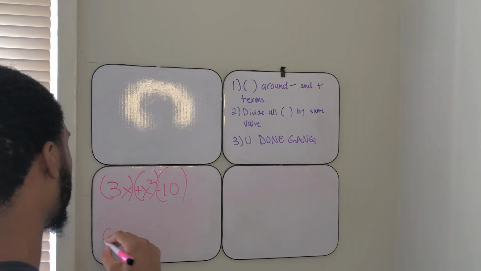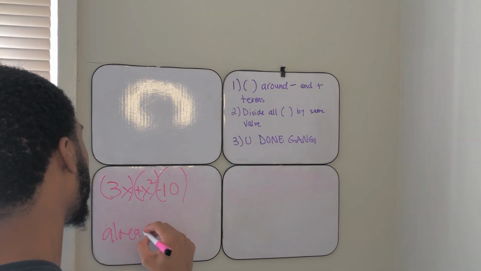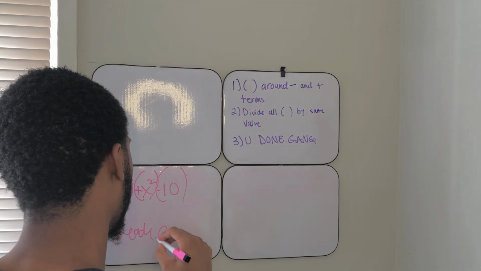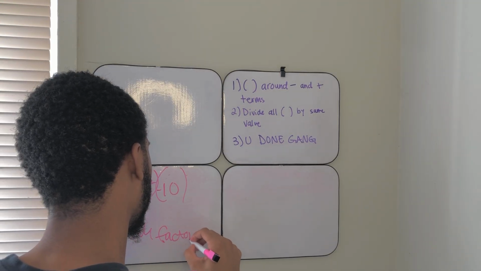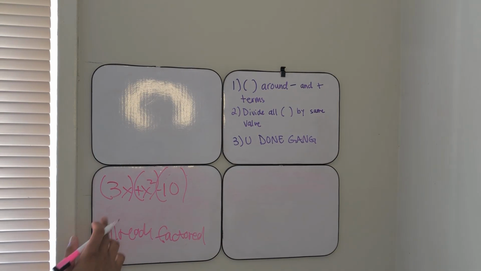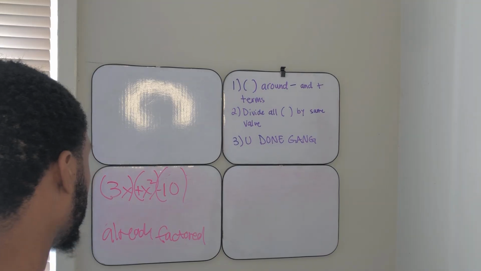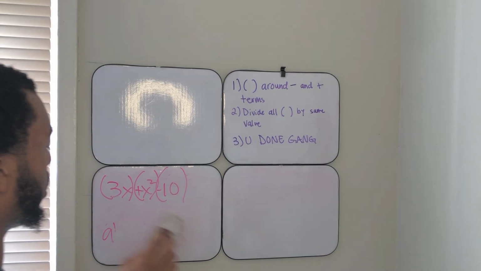This is already factored. Y'all, but again, let me know in the comments, because I might be wrong, man. This already factored. There's nothing we could divide all of these by. Yeah, I don't see it.